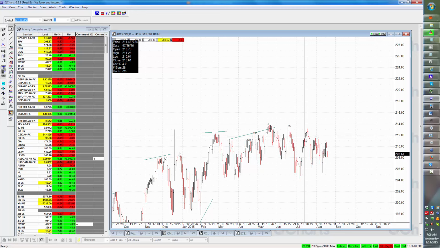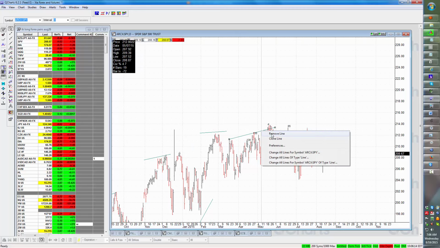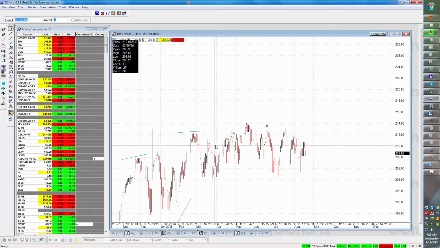Counting gaps, as I mentioned to a good friend of mine, is just like counting bananas. 1, 2, 3, 4, 5. And what you'll find very often is that the move itself will be done after you have two good sized gaps, as long as there's something else to confirm it.